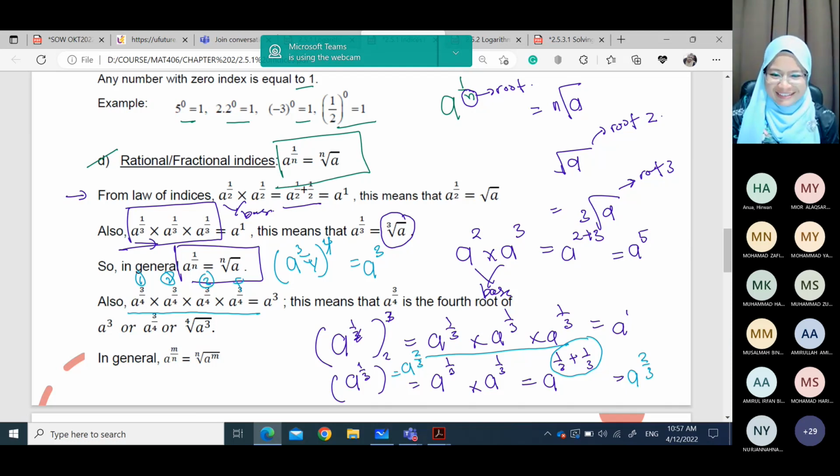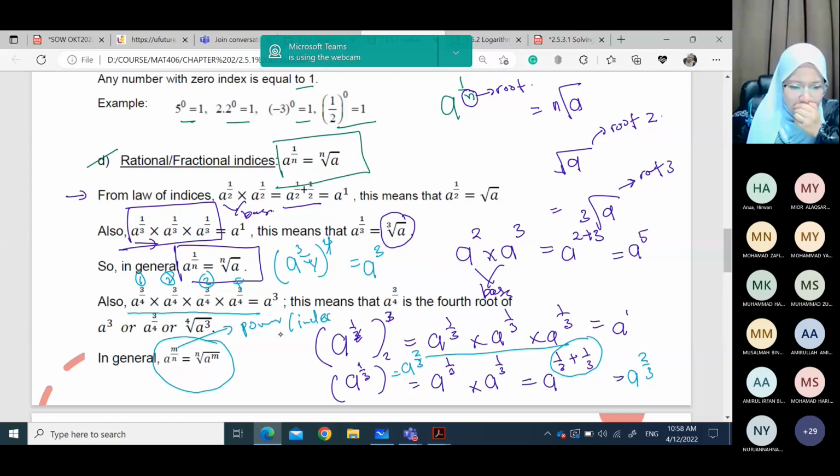Okay, jelas ya? Okay, so next kat sini, yang ini in general A to the power of m over n. So m ini adalah power ataupun indeks. Yang n ini adalah root ataupun punca. Dalam bahasa Melayu dia punca lah.